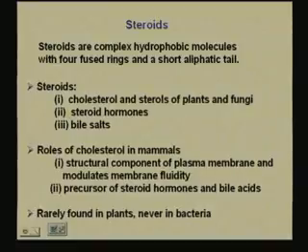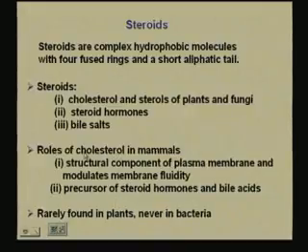We will see how. It is also a precursor of steroid hormones and bile acids. The bile acids are extremely important for digestion. So, you have to have sufficient cholesterol for the formation of steroid hormones and bile acids.